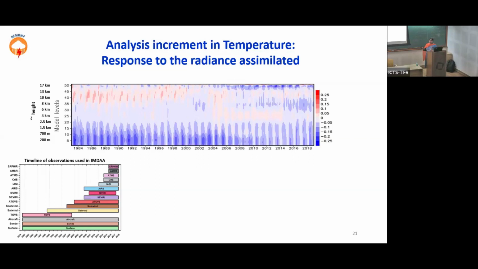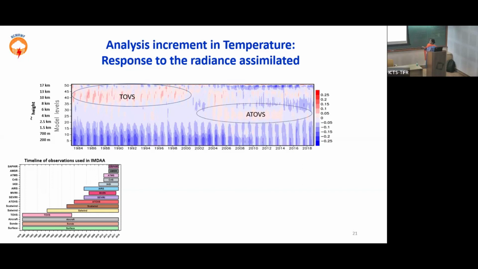Analysis increment responds to the radiance data assimilated. From TOVS onwards we introduced the satellite data. The TOVS, from 1979 to around 2000, we assimilated. At that time, in the upper atmosphere around 12 to 13 kilometers, we got some positive changes in the temperature in the analysis increment.